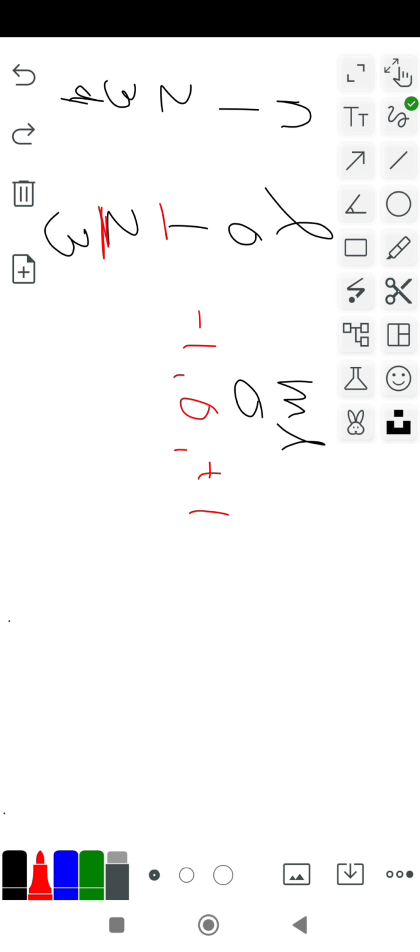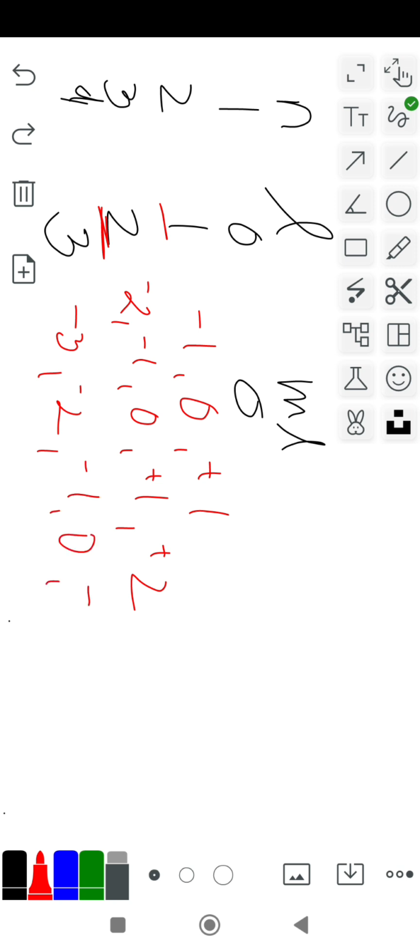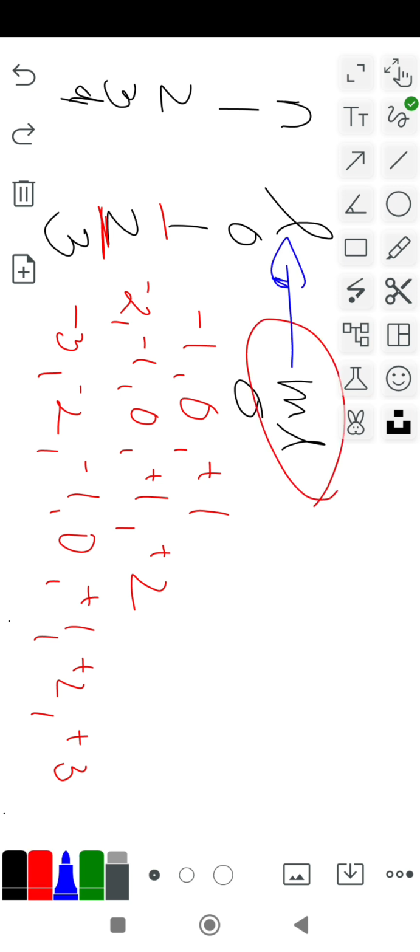Here we have 2, so we have negative 2, negative 1, 0, positive 1, and positive 2. And the last one, we have 3, so we have negative 3, negative 2, negative 1, 0, positive 1, positive 2, positive 3. Therefore, the ML must be related to the L, the azimuthal quantum number. So that's it.